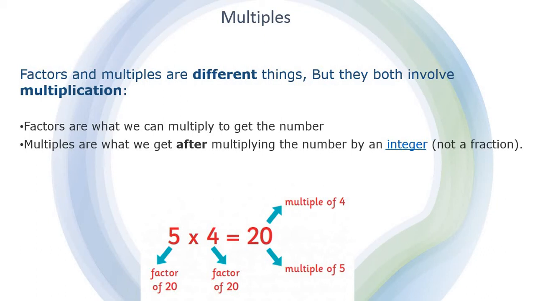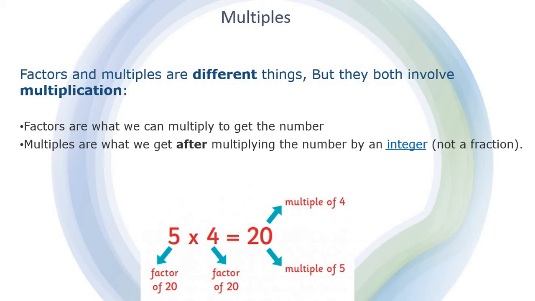So 5 and 4 are factors of 20, and 20 is a multiple of 4 and a multiple of 5, okay? Because if you multiply 5 with something, the answer is going to be 20, and if you multiply 4 with something, you will have 20 as the answer.